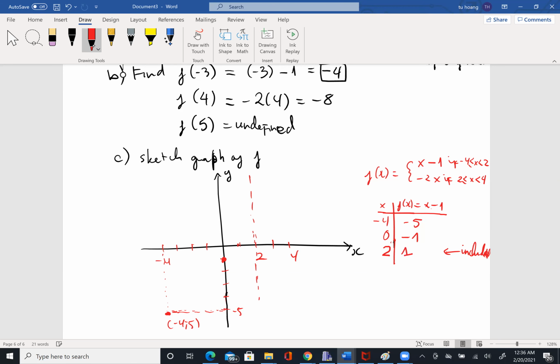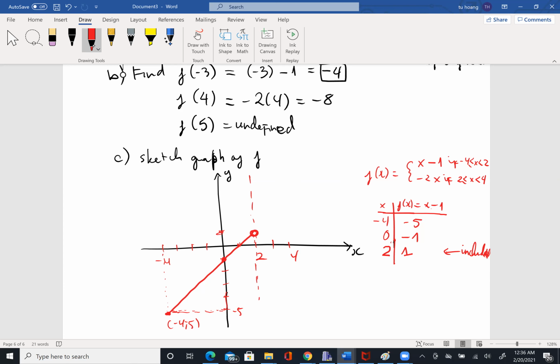So at 2, you will have 2 and 1, but not included. So here's 1, 2, and 1, not included. So I'm gonna have an open circle. That means it's not included. Okay, now I'm going to draw a line, go through these three points and go to the point that is not included.